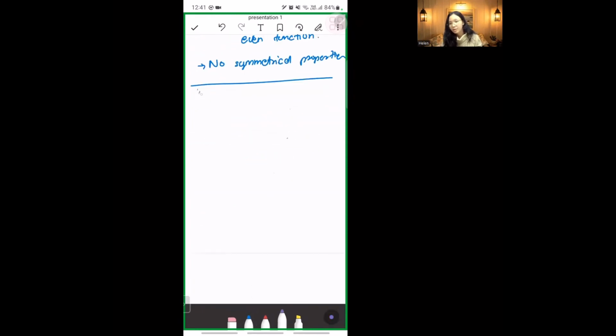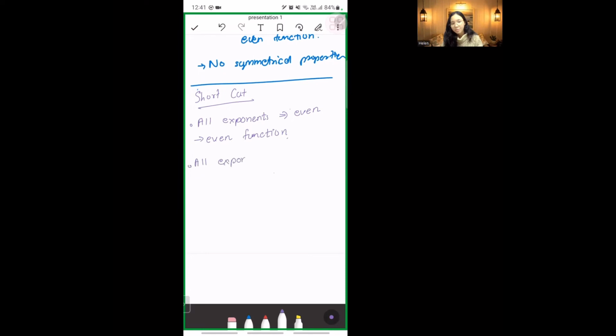Okay, so there is also another way, a quick way to find out whether our function is either odd or even or neither. If all the exponents in our polynomial function are in an even order, then we will get an even function.